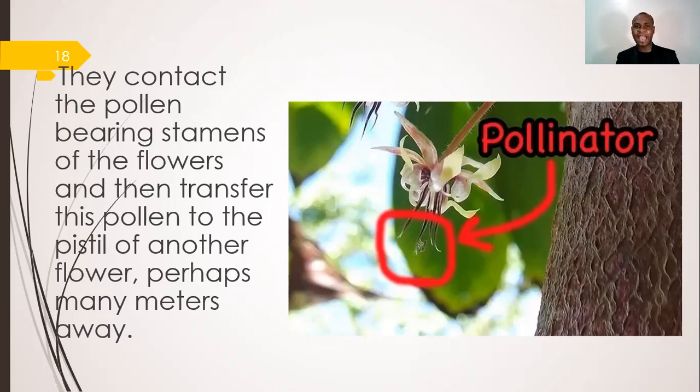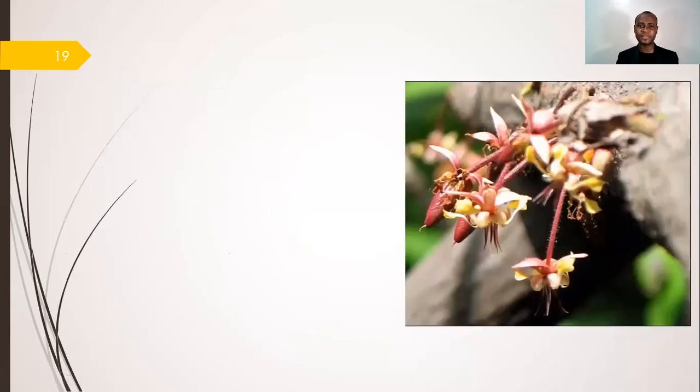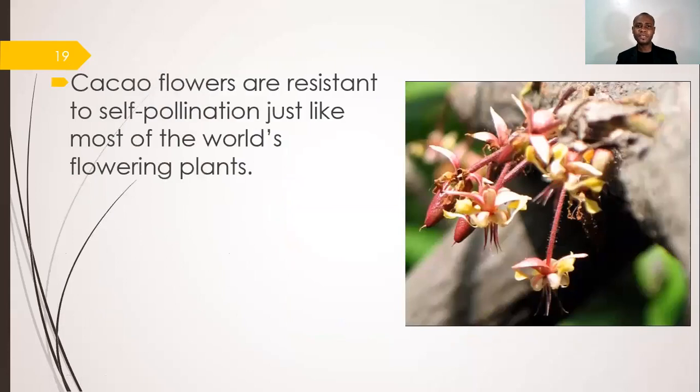Okay? If they pick the pollen from here and sit on another flower on the same tree, then it's likely that flower is going to die because of self-incompatibility in cacao. This is something you need to get clearly.